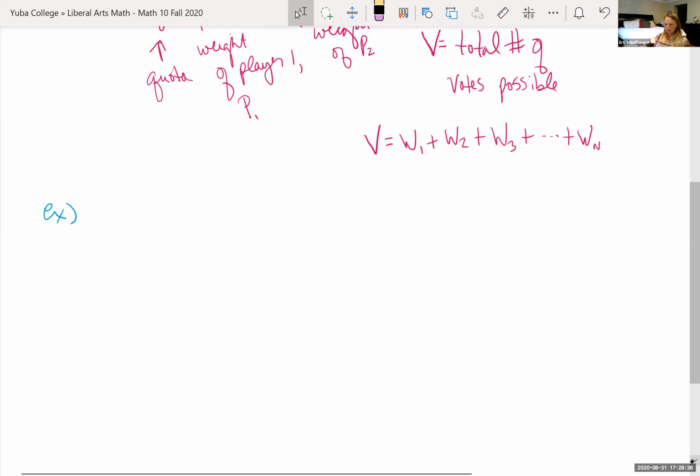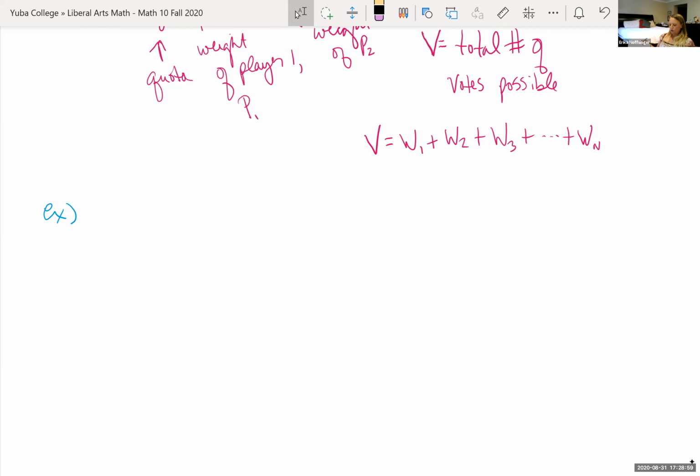Okay, so it says 5 partners, P1, P2, P3, P4, and P5 jointly own the Gaussian Electric Company. P1 owns 15 shares of the company. P2 owns 12 shares. P3 and P4 each own 10 shares, and P5 owns 3 shares.